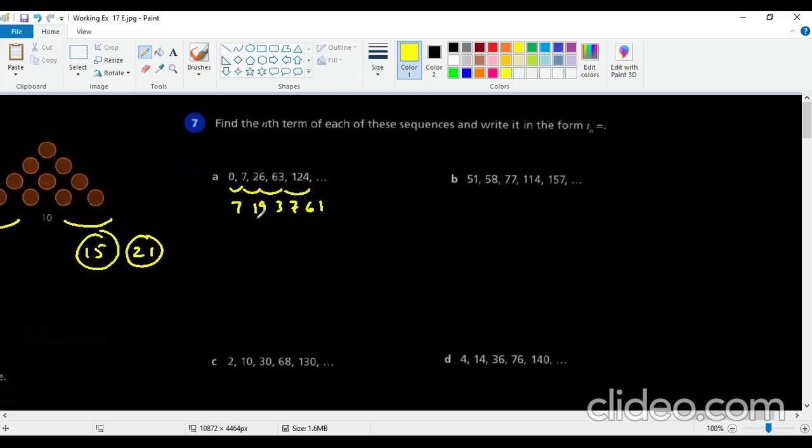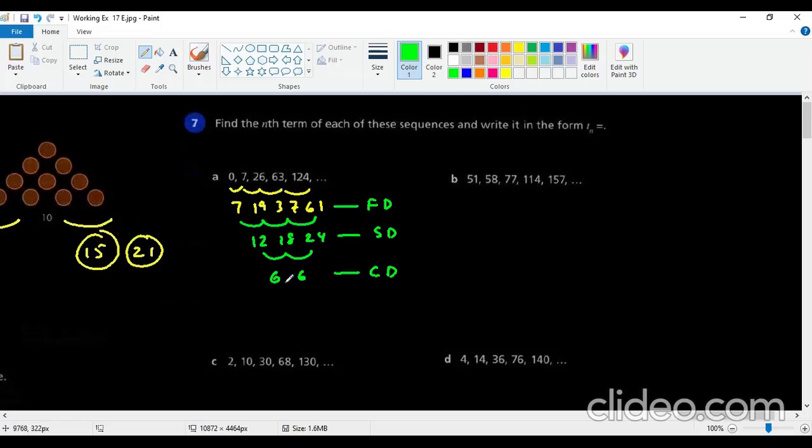Now let's see how much the difference between these numbers is. The differences are 7, 12, 18, and 24. This is called the first difference. This is called the second difference. And let's see if it is a common difference. Yes, the common difference is 6.